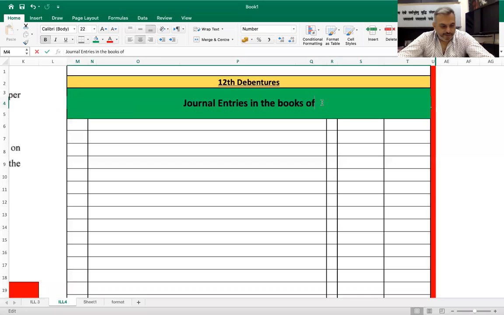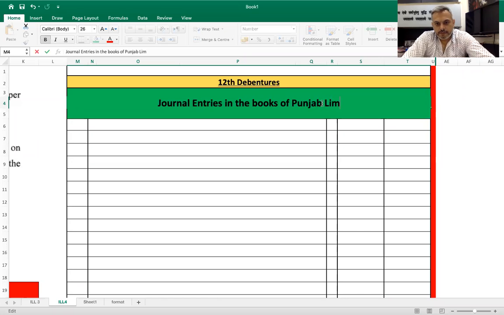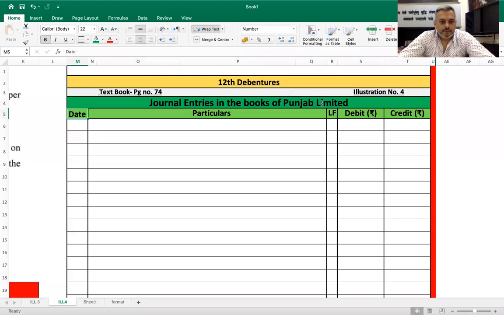Let's write the heading first: in the books of Punjab Limited. First, bank account debit.